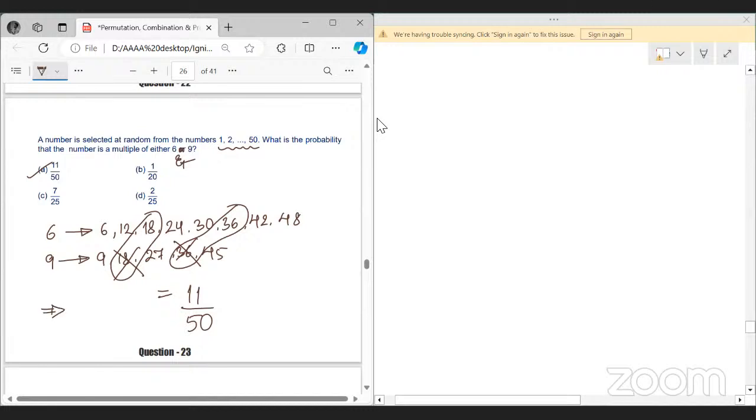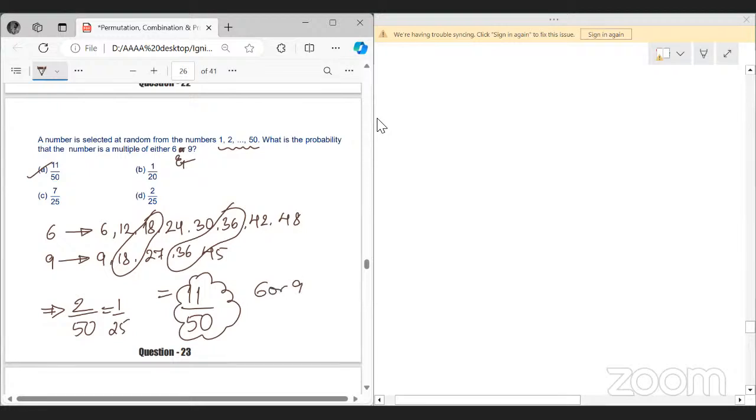Because now the number should be a multiple of both 6 and 9. How many such numbers are there? Only these two numbers. 2 numbers out of 50, you can reduce it to 1 by 25. This is when it is 6 or 9, and this is when it is 6 and 9. Correct.